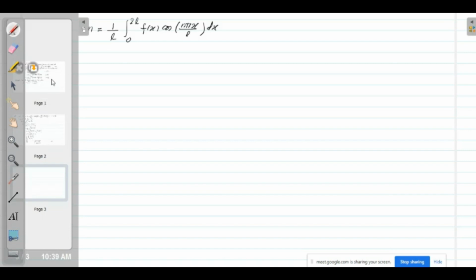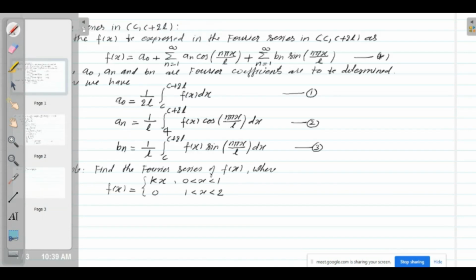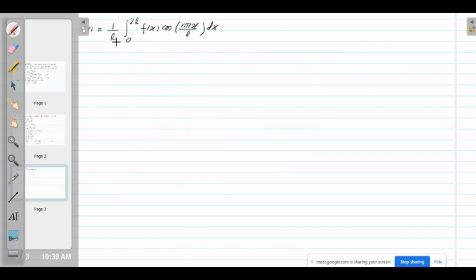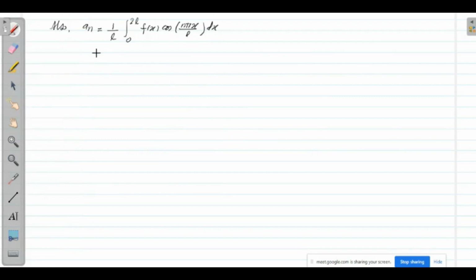Just verify your formula. Here c is 0. So an is 1 upon L, 0 to 2L f of x cos n pi x by L dx. This is your formula.